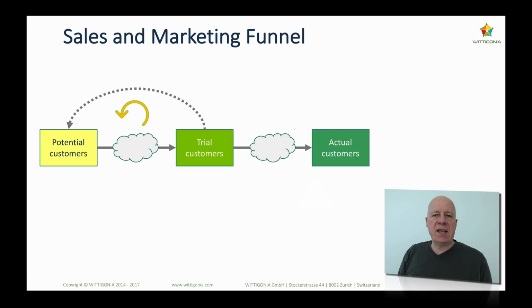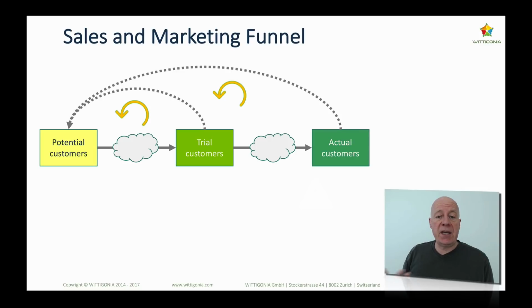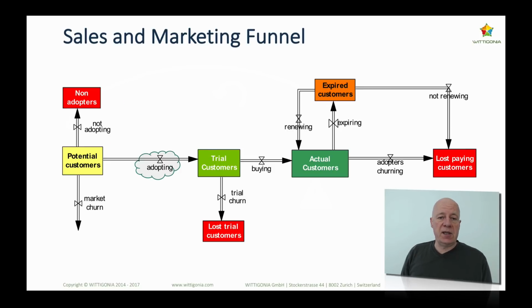Now, the interesting thing is, of course, the more customers and more happy customers we have in the trial group and in the actual paying group, and the more happy they are, the more they influence customers upstream. So that's something that we need to keep in mind. These are 2 important feedback loops that will fuel the growth here.